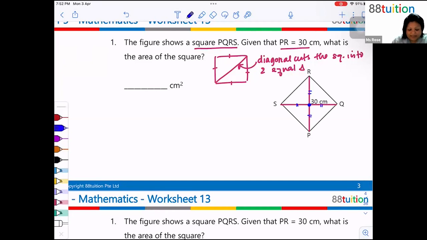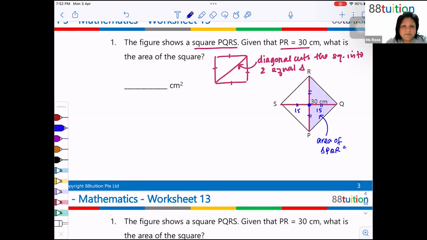So if I look at this, can I color this purple? Now, if I look at this triangle, can I find the area of this triangle? This is 15, 15. Can I find the area of triangle PQR?